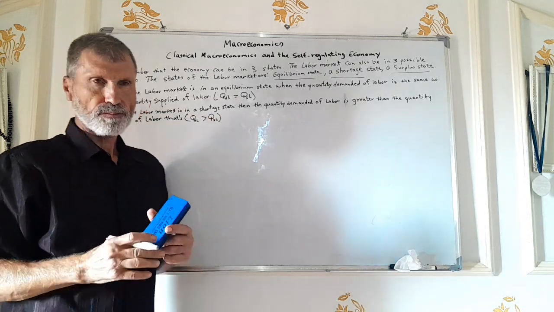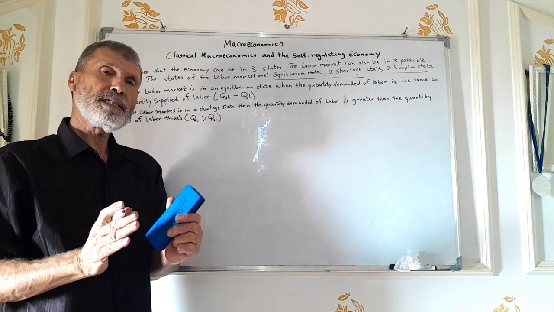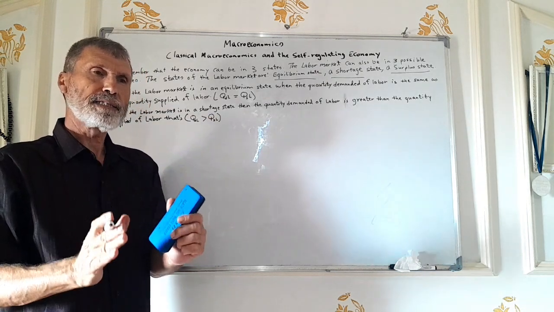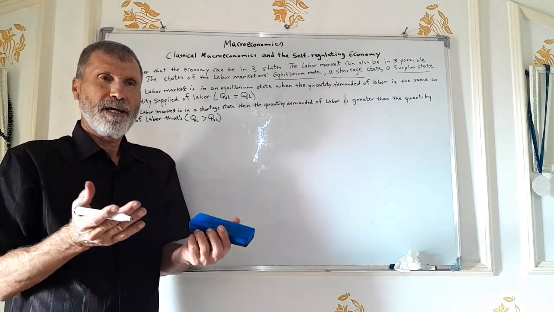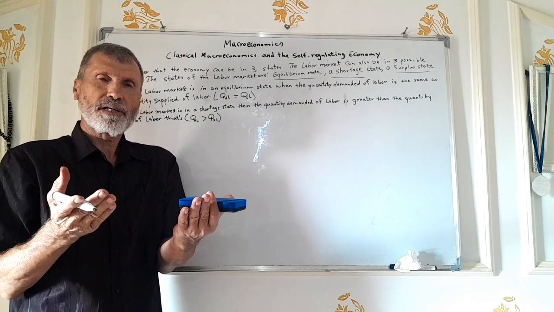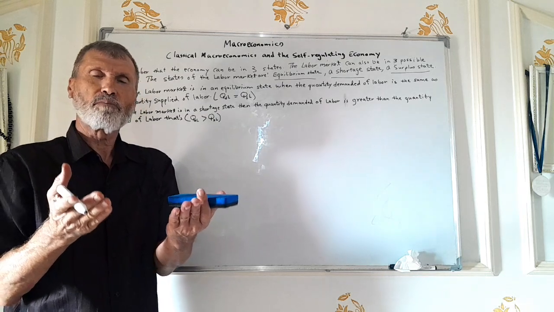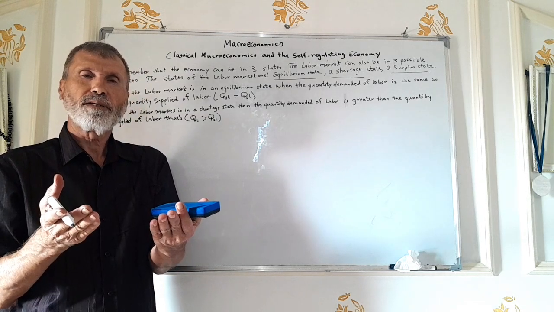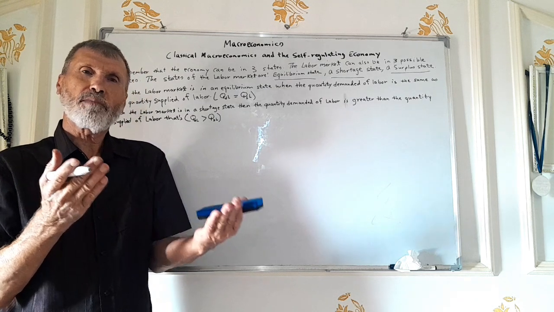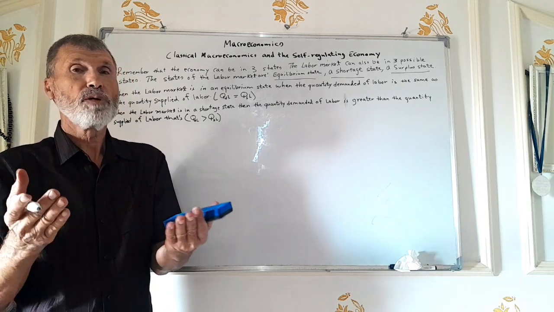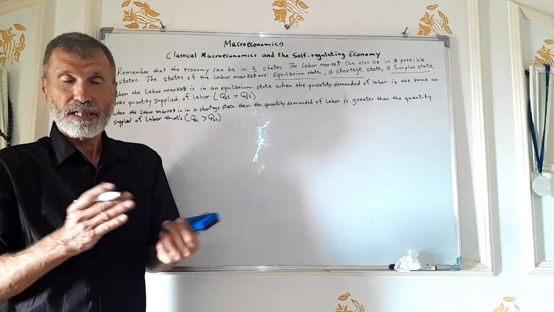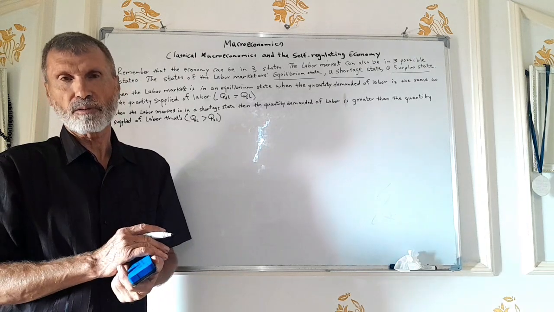Therefore, when the labor market is in a shortage state, then jobs or firms or businesses want more. There are in the market more jobs available than there are people looking for work. That's why we have a shortage in the labor market.